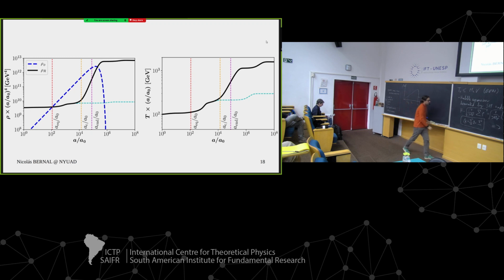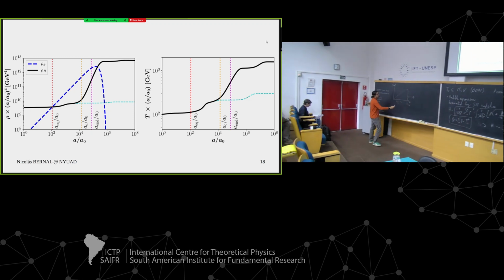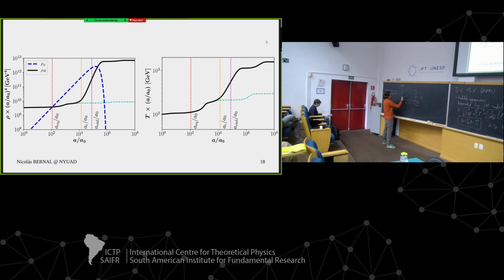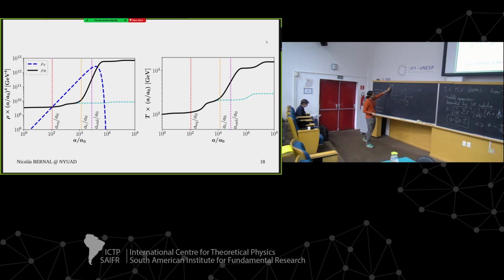I need another color, blue. So that's for the energy density of phi. Now the same color for radiation, something like this. This is the energy density of radiation times a to the fourth.